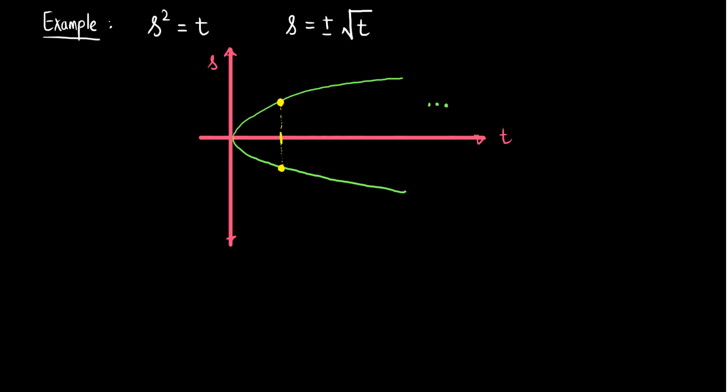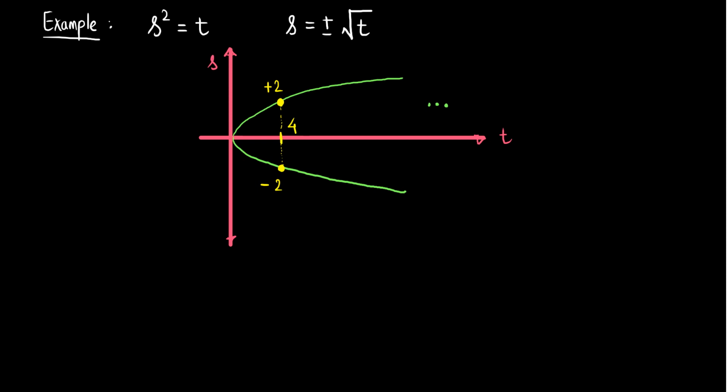Here, say for example, if t is 4, it gets assigned to plus 2 and minus 2. This is not allowed.